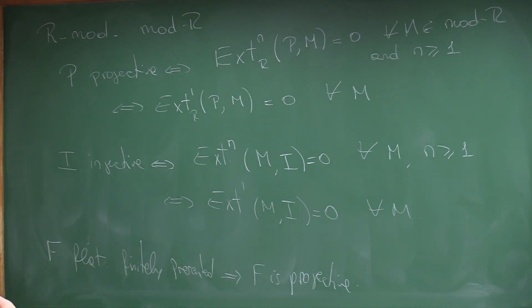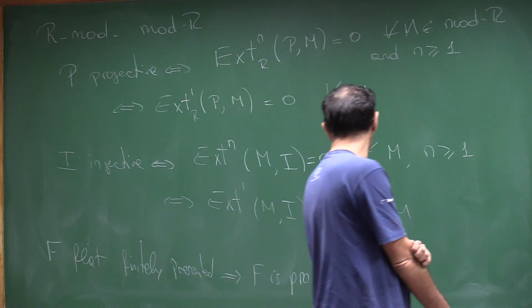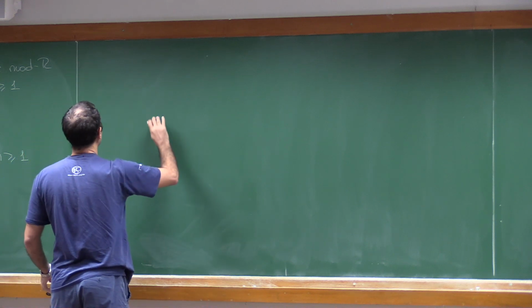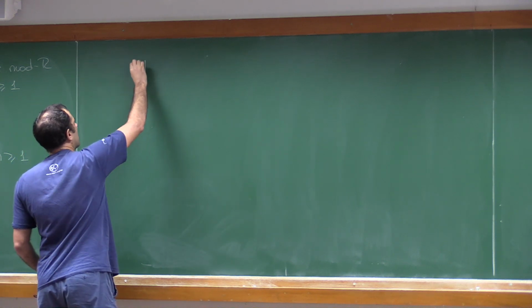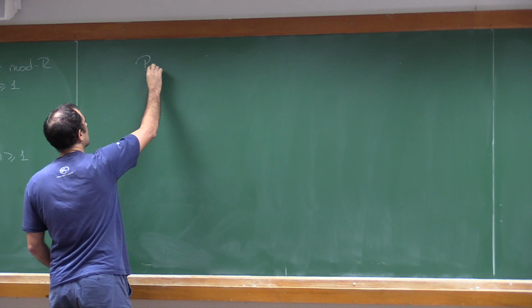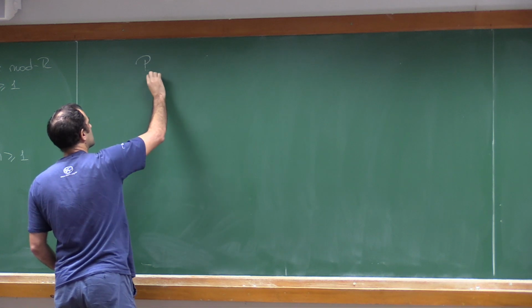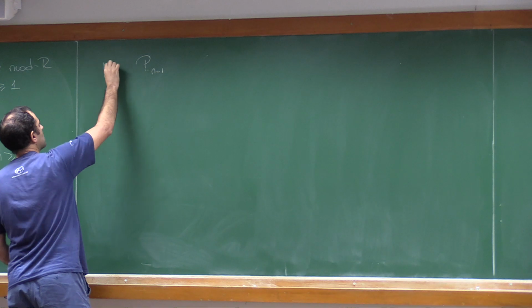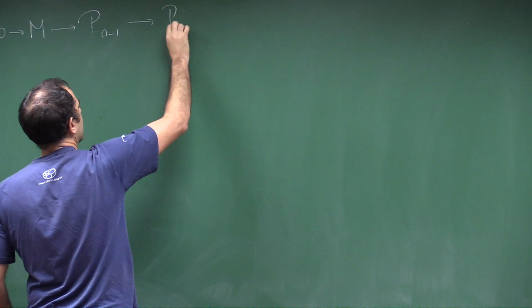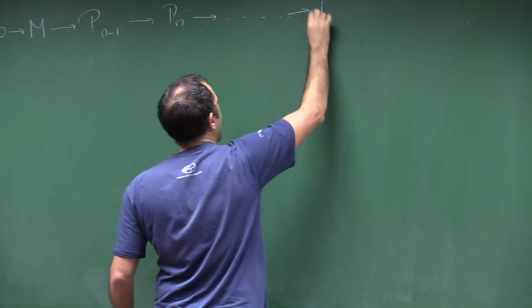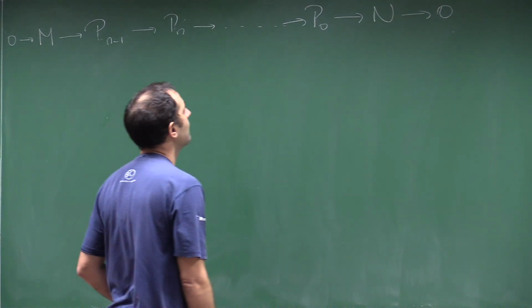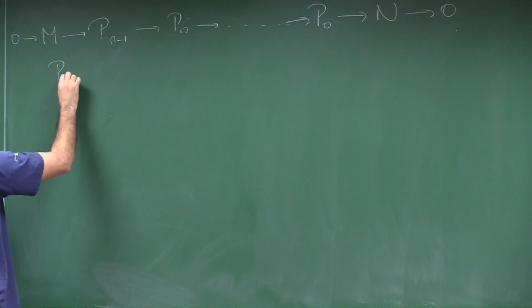What else did I need? I also needed this lemma that we proved last time, that if we have a resolution of this form, 0 to P_n, to P_{n-1}, then some module M, 0, and 0 into our module N, 0, where the P_i's are projective.